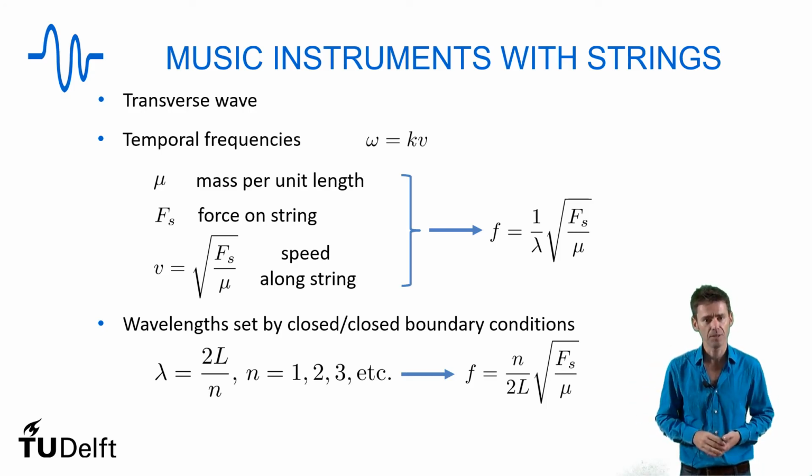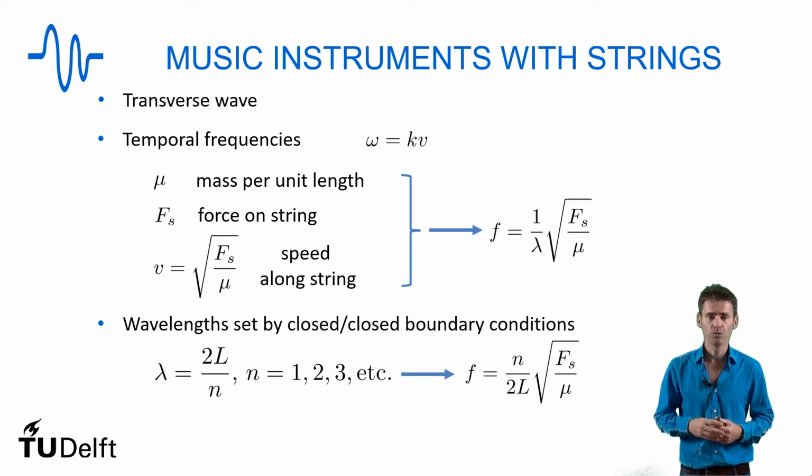Again, we can calculate the temporal frequency of our standing wave using the relation omega is kV. But in this case, we need to calculate the speed of the propagating wave in the string. And this depends on the square root of the force on the string, the tension, divided by mu, which is the mass per unit length.